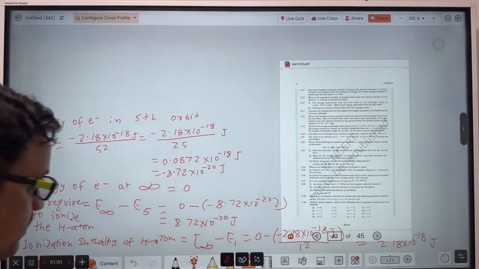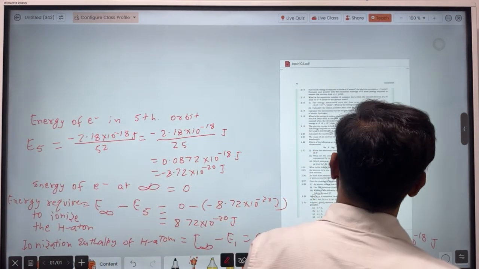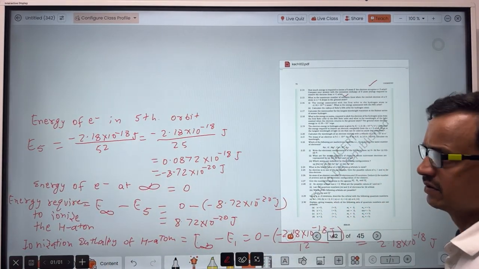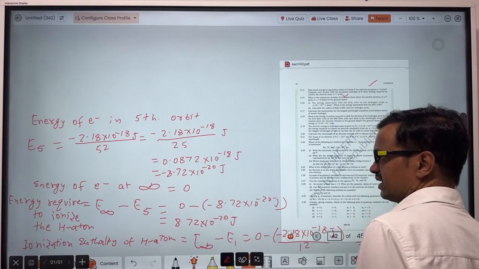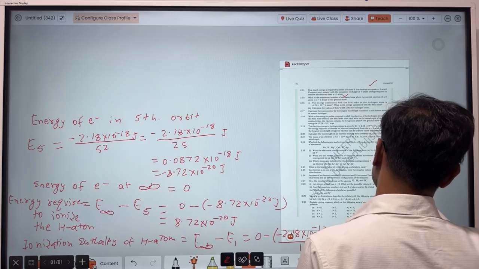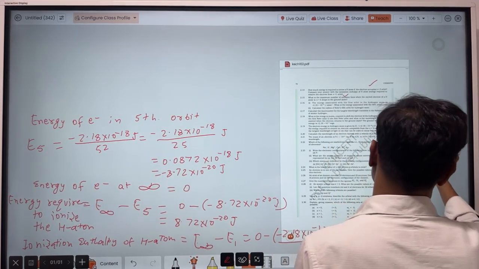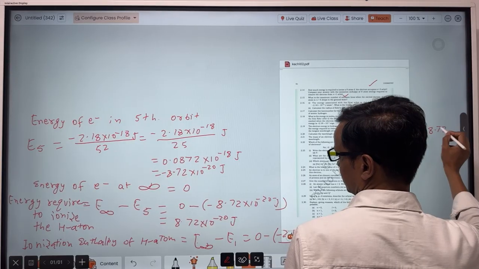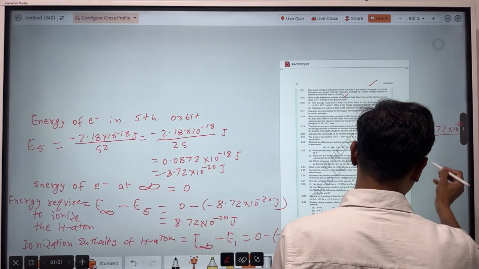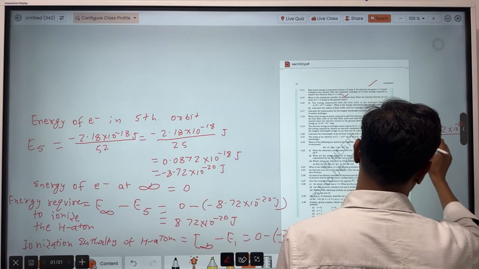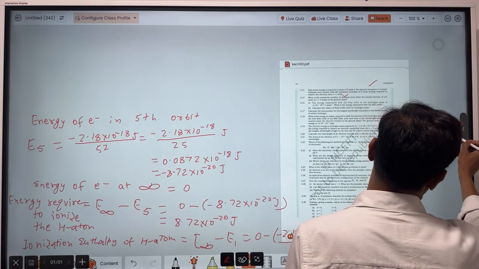You have to compare this energy with this energy. So the energy when the electron is in the fifth shell, upon the ionization enthalpy. That will equal this one upon the energy here, 2.18 into 10 power minus 18, plus.